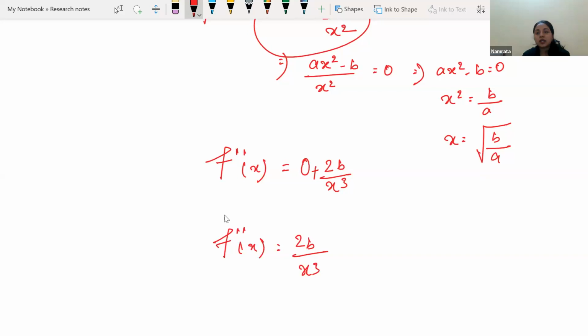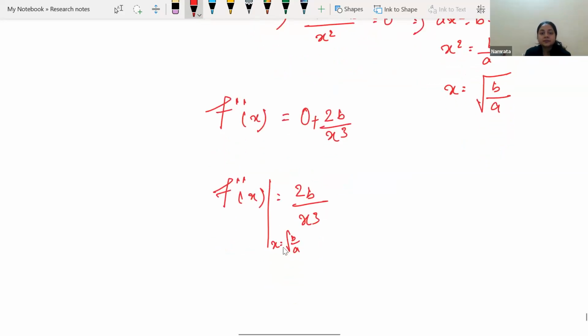That we will check at root b by a. 2b by under root b by a, that whole cube. It will be greater than 0, right?